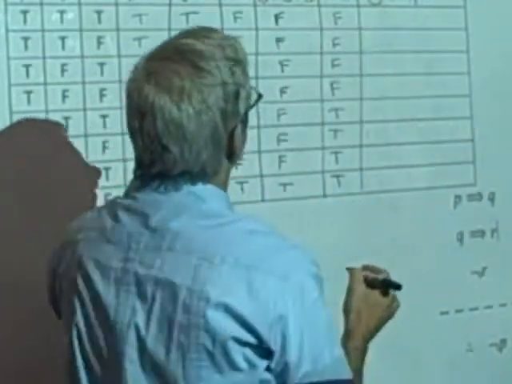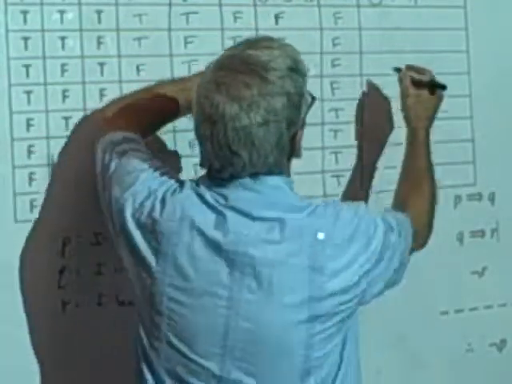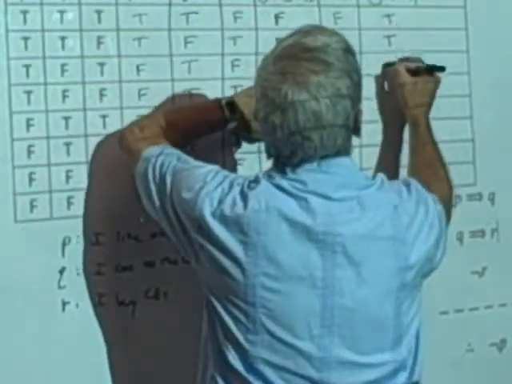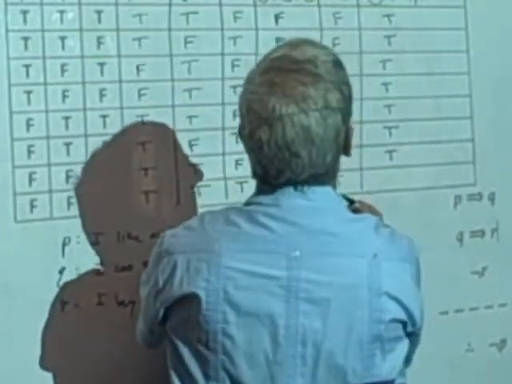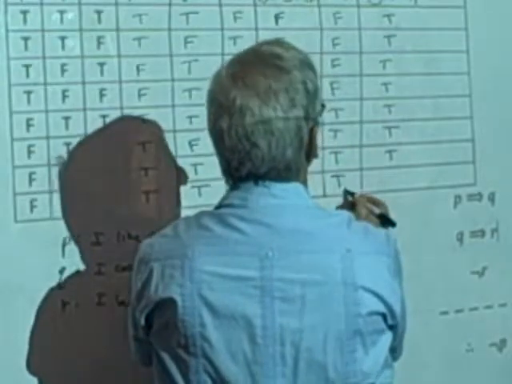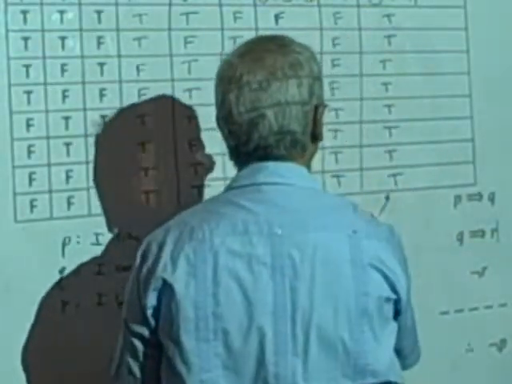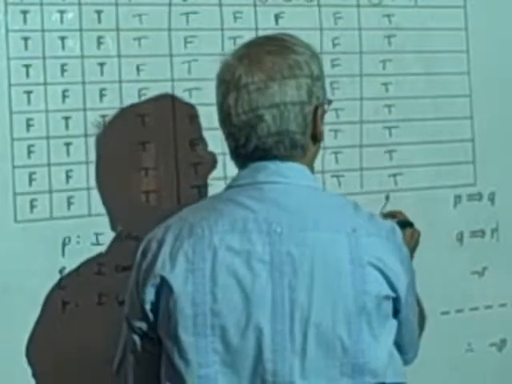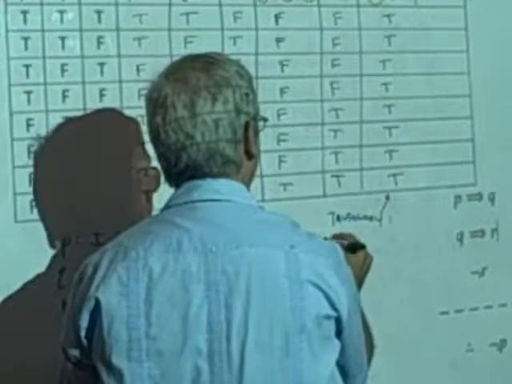Remember now, everywhere the antecedent is false, I get a true implication. So lots of trues come in here. And then the last one, this is true, and this is true, so this is true. So they're all true, so it's a tautology. That means the argument is valid.